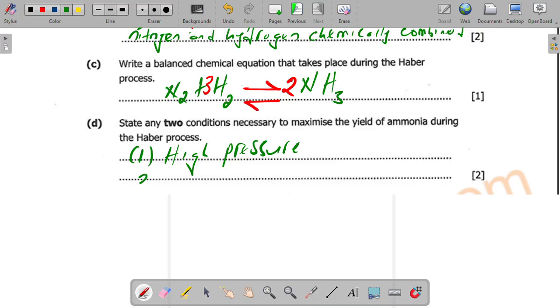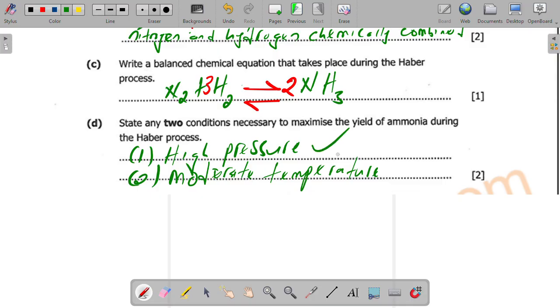Number 2, what other condition? We need a moderate temperature.